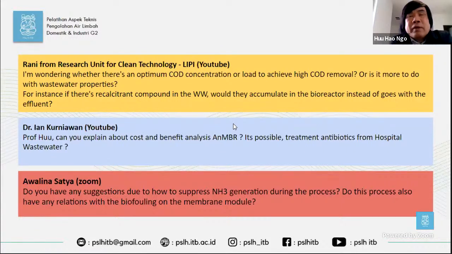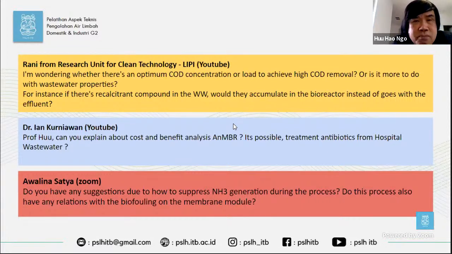Any suggestion on how to separate the ammonia generation during the process? That is the thing. As you know, we need nitrification to convert the ammonia to nitrate, and then denitrification. For the anaerobic MBR, we do not have the aerobic stage.